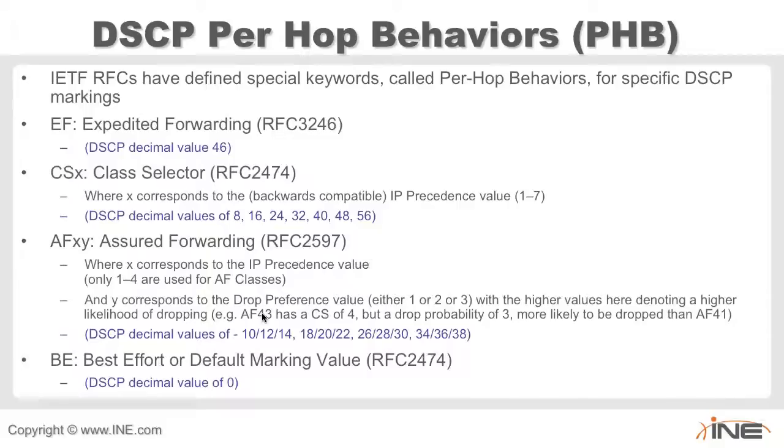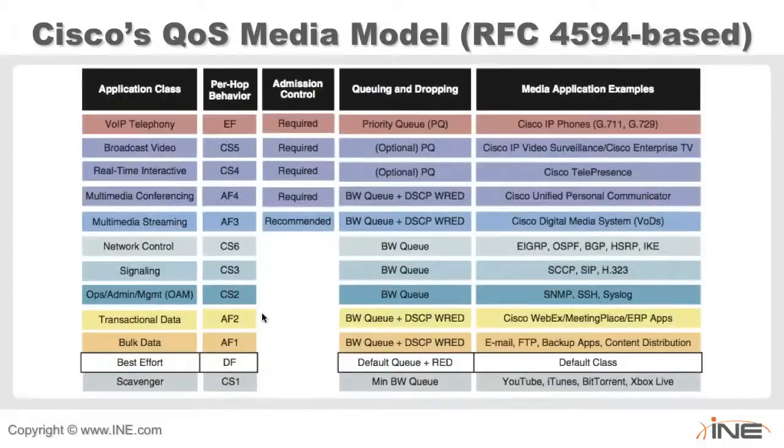Okay, so taking a look at Cisco's QoS media model. This is their baseline model based on RFC 4594. First we're going to look on the left at the application class. The next will be the per hop behavior. Do we need call admission control? What type of queuing and or optional dropping?